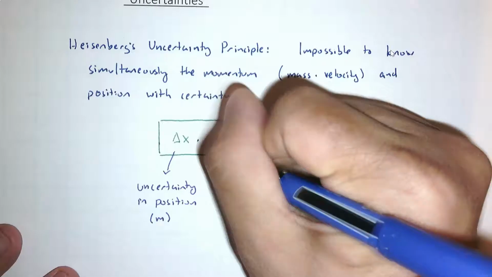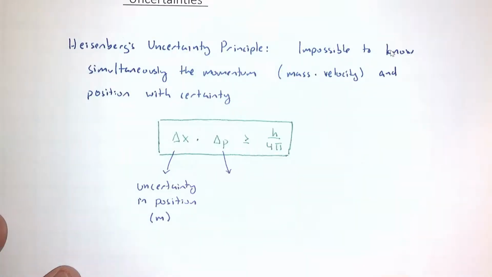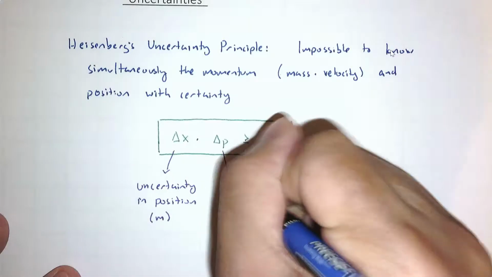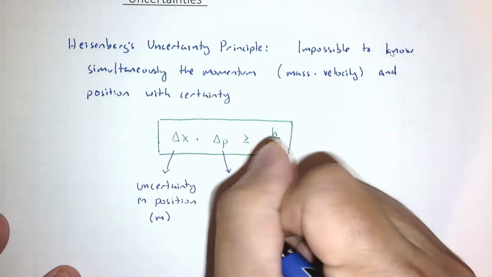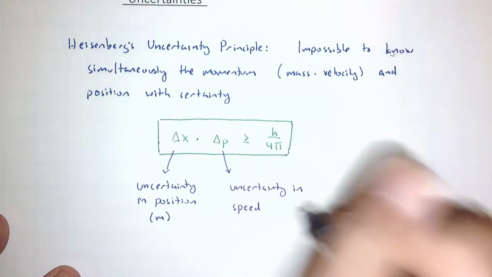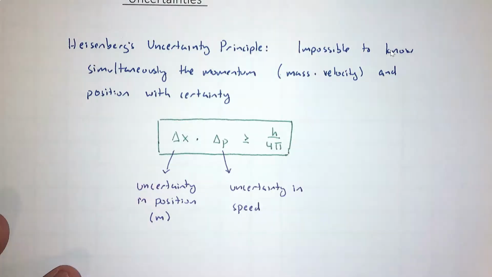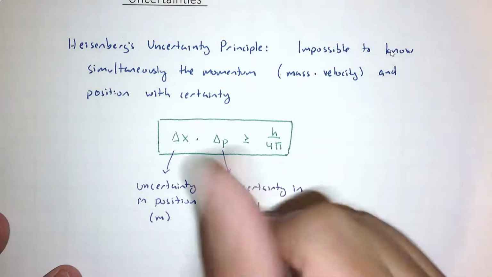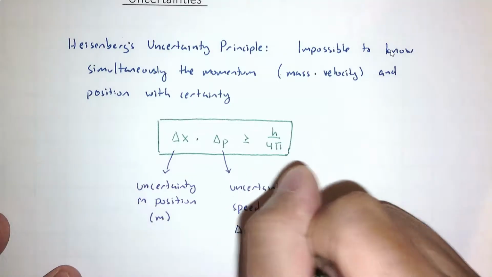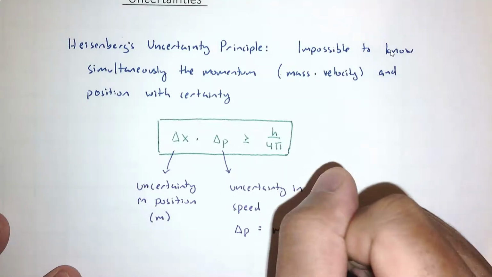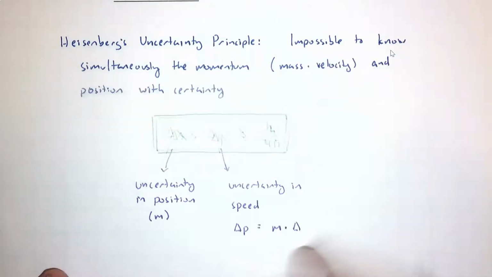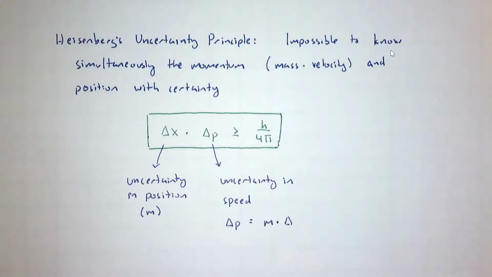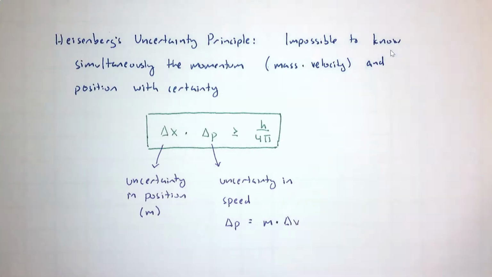This is, again, momentum uncertainty, and technically we are going to focus on the uncertainty in speed, because this term equals the mass times, again, I think we're going to consider delta as uncertainty in the speed.